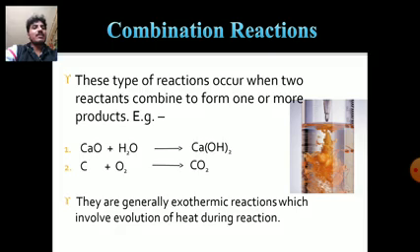In this reaction, calcium oxide and water combine to form a single product, calcium hydroxide. Such a reaction in which a single product is formed from two or more reactants is known as the combination reaction.